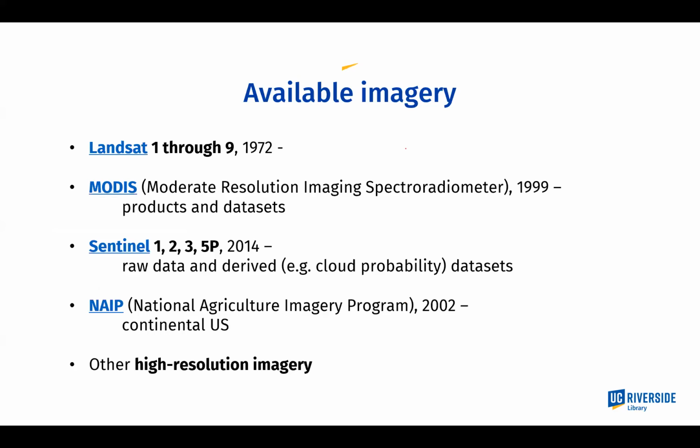And then NAIP, the National Agriculture Imagery Program, is only for the continental United States, but it is a really pretty good, high quality, thorough imagery source for the continental US, going back to 2002. And then there are a few other high resolution imagery options as well.